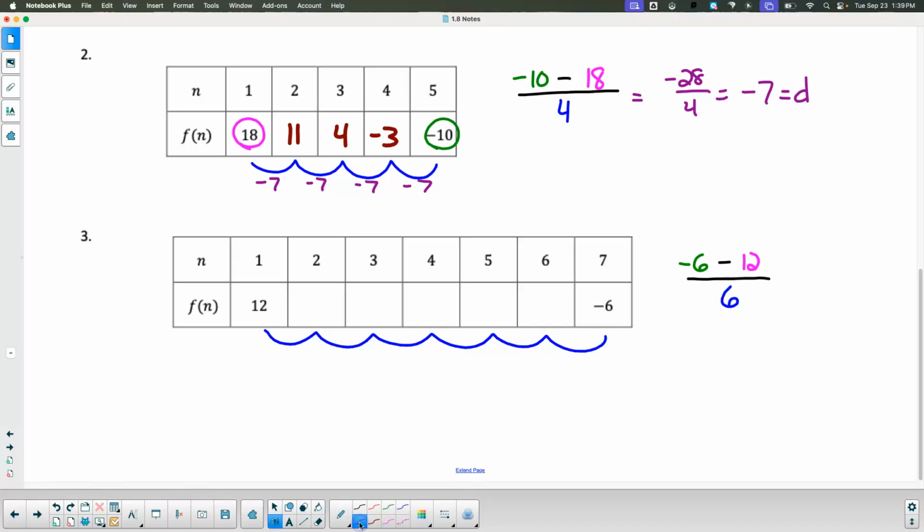So that's negative 18 over 6, which is negative 3. So my common difference here is negative 3, so I'm subtracting 3. 9, 6, 3, 0, negative 3, then negative 6. Works out.